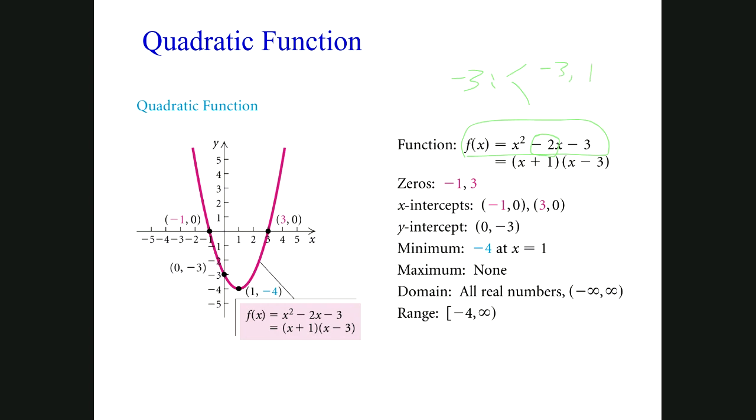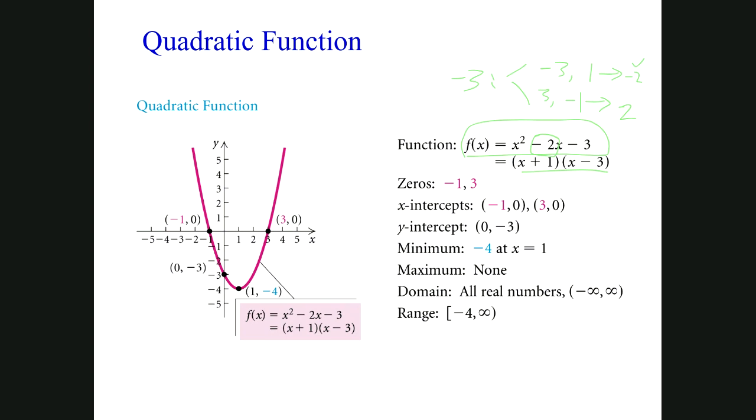So -3 times 1, I add them together, I get -2, which is exactly the middle term. If I factor into 3 and -1, I add them together and get +2. My middle one is -2, so we're going to use the first one. So that's how you factor into x minus 3 times x plus 1.